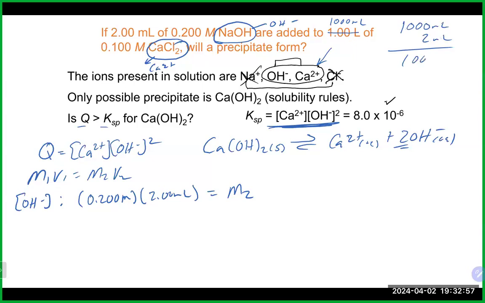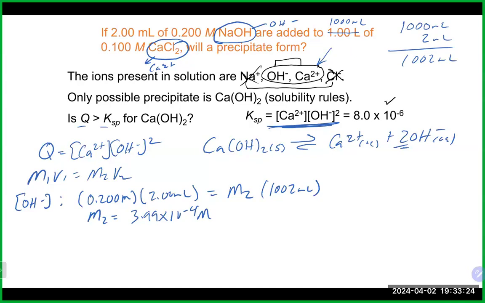That's 1,002 milliliters. That's going to give us a concentration for hydroxide of 0.2 times 2 divided by 1,002, and we'll go with 3.99 times 10 to the minus 4 molar.